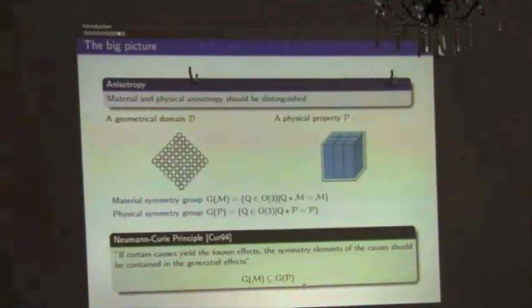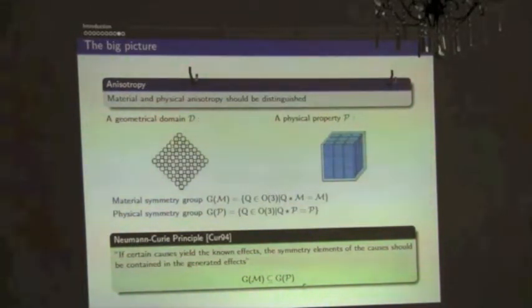So the natural question is, how are these two groups connected? In fact, this connection is summed up in the well-known Curie principle, also known in English literature as the Neumann principle.